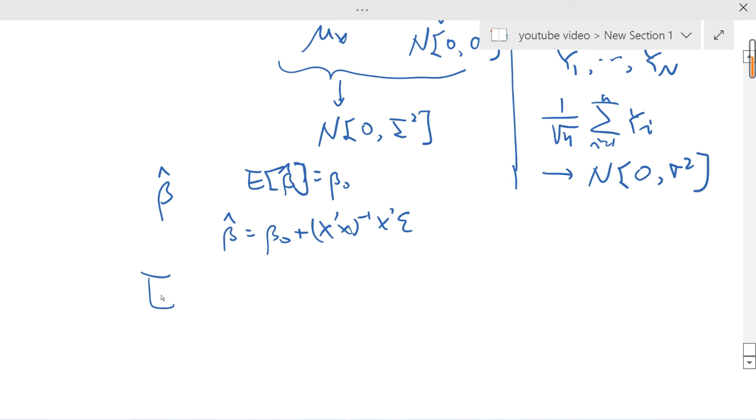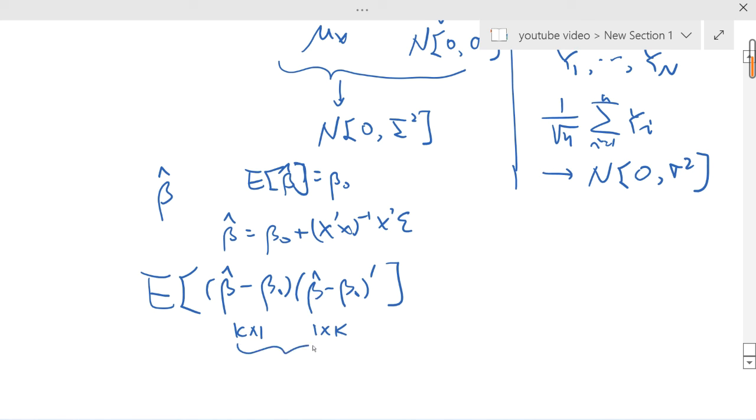So let's calculate the variance covariance matrix of beta hat, which is the expectation of beta hat minus beta 0 times its transpose. This is k by 1 times 1 by k, so it's a k by k matrix.